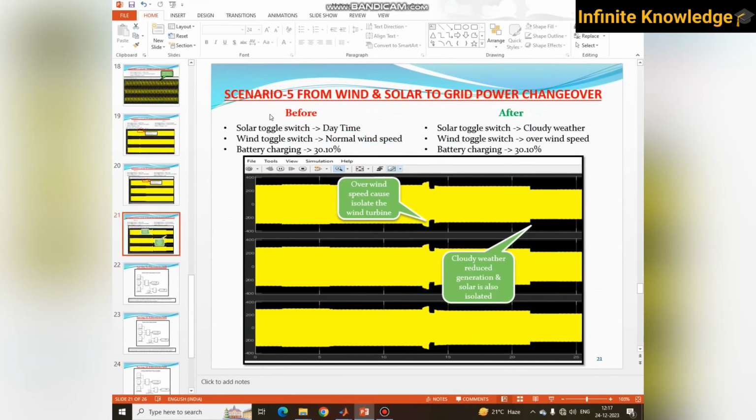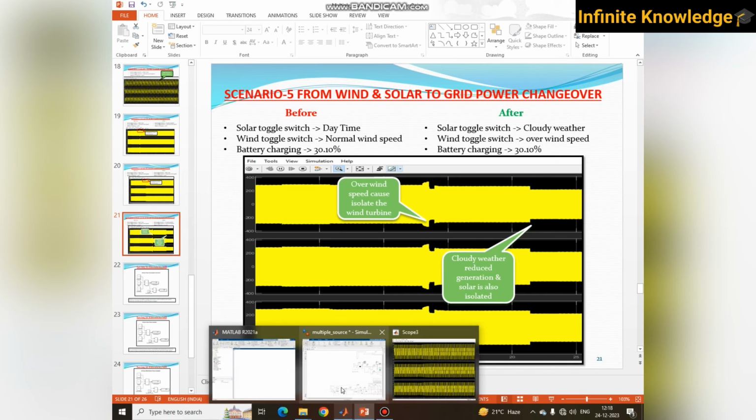Okay, so this is the fifth scenario, in which at the initial stage solar and wind are both in working condition, but after some time, let's consider that cloudy weather happens, causing a very high wind speed and a cloudy atmosphere, and that causes the solar and wind to isolate and change over to our grid once again.